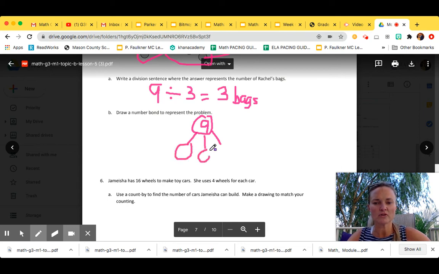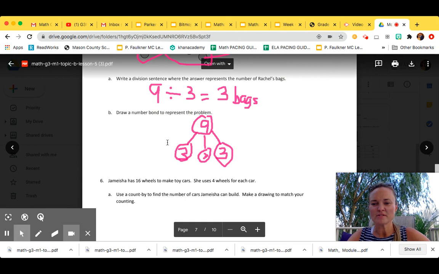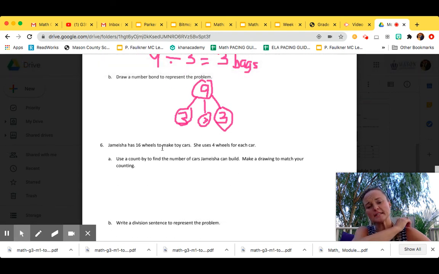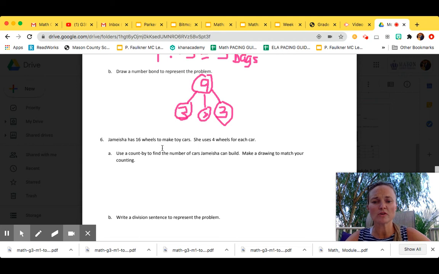Okay, so if you draw your number bond, you have your circles like that, and then down here in each circle, I should have the number 3. Again, excuse my writing.